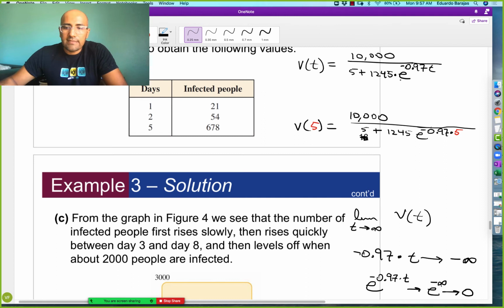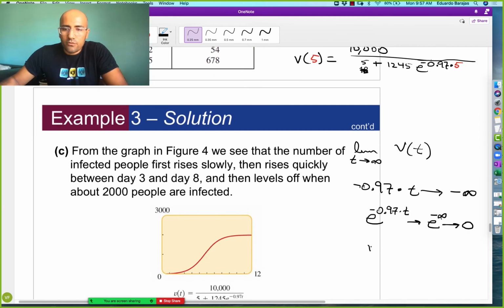And now, as it gets closer and closer to 0, the multiplication of a tiny little number close to 0 times 1245 is still going to grow towards 0. So 1245 times e to the power of negative 0.97t will also grow towards 0.